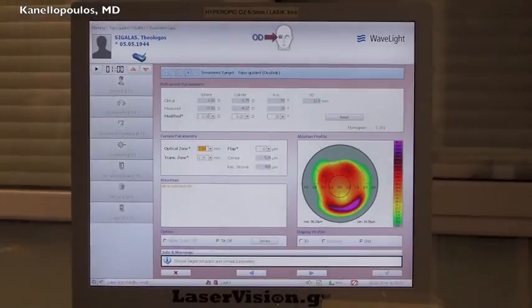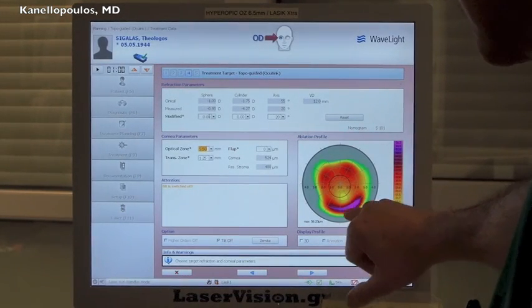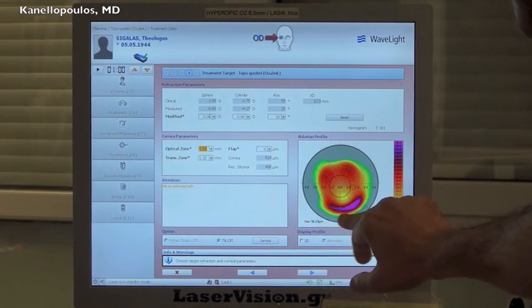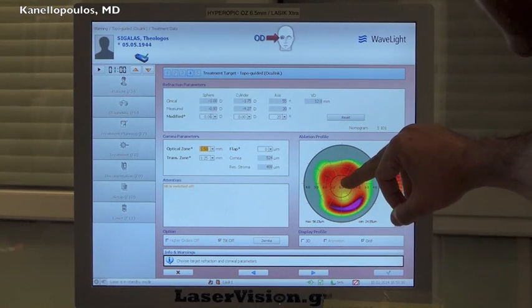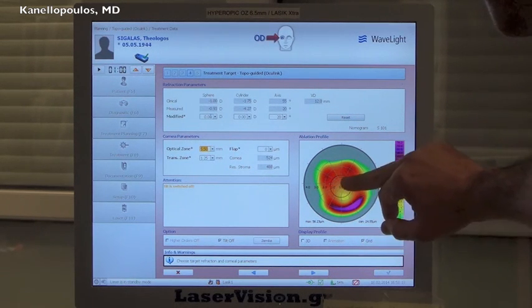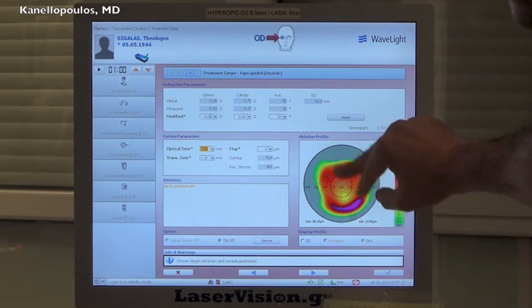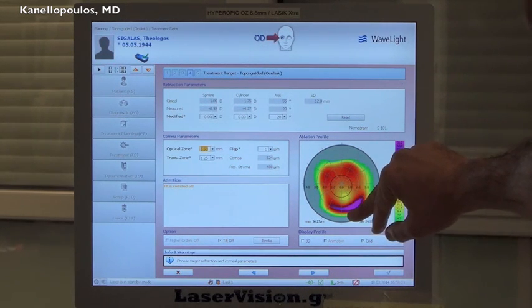Okay, so we can see here just the difference between the hyperopic correction, which is 56 microns in depth, and the paracentral cornea, which is maximum about 20 microns. So this difference, 30-some microns, is about 3 diopters of correction alone.